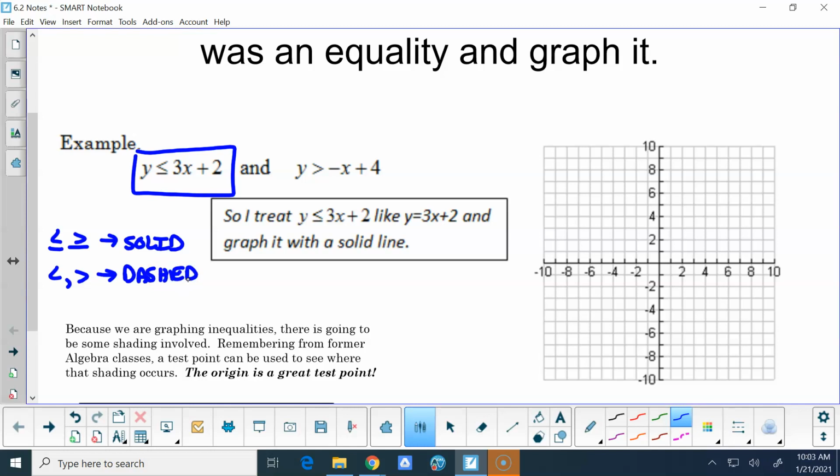So you've got to remember back to those when I'm graphing, but I'm thinking about it like it was an equality. So this one from yesterday, I would start at 2, up 2, then I would have a slope of 3. So from that blue dot, I would go up 3, right 1, or I could go down 3 and left 1.